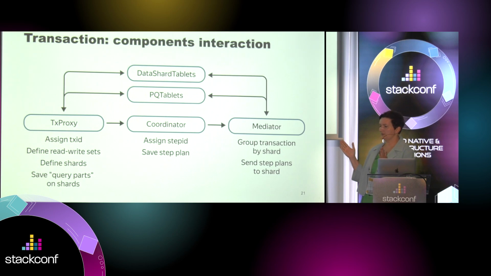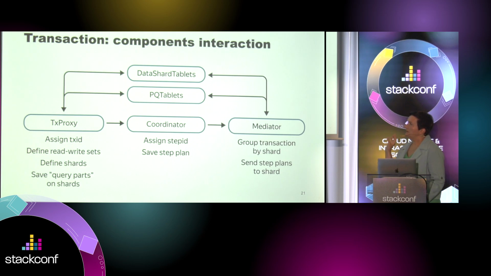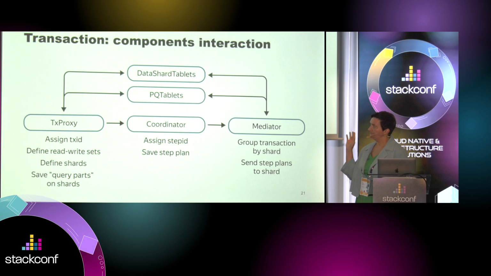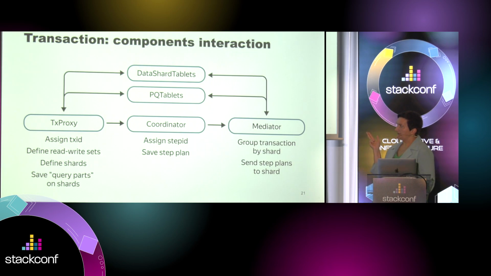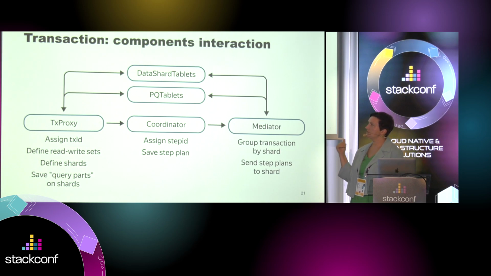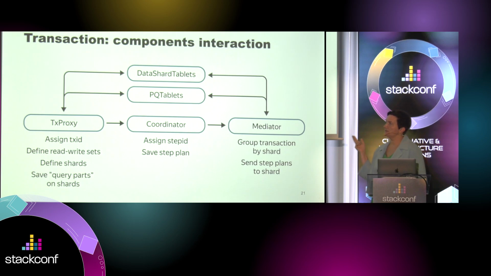So it returns the time slot when this shard is ready to execute this transaction. TX proxy is waiting for all answers and sends all this information to the coordinator. There are several coordinators in YDB, and every coordinator knows about all shards. The coordinator analyzes all possible slots for this transaction and assigns a step ID for this transaction.